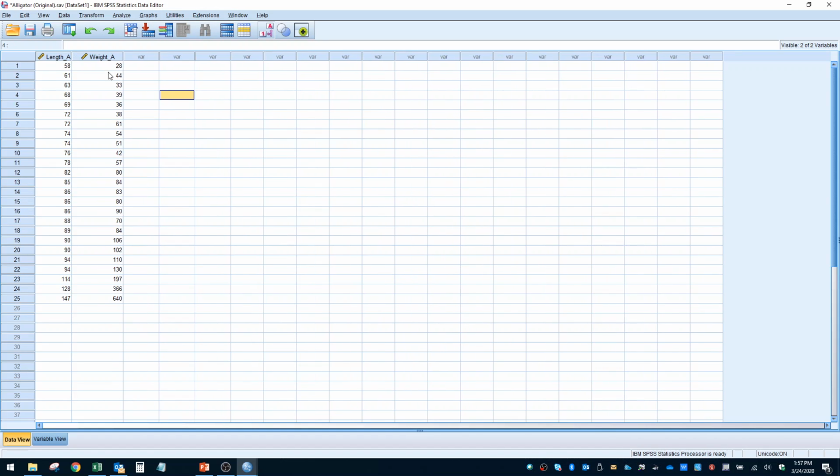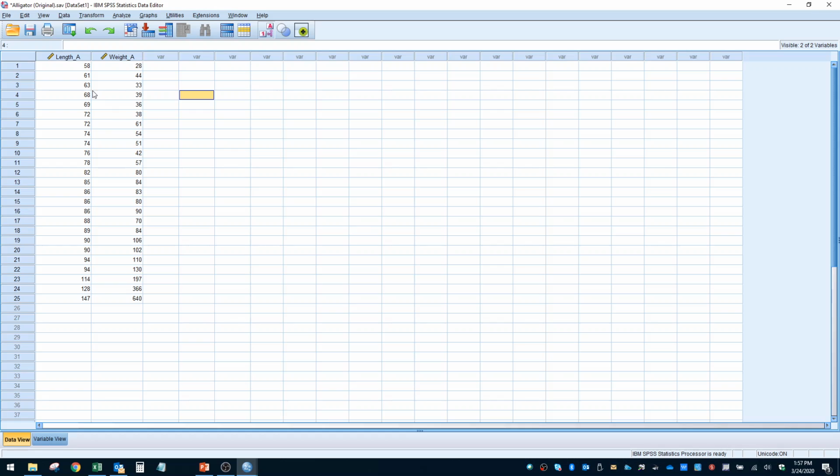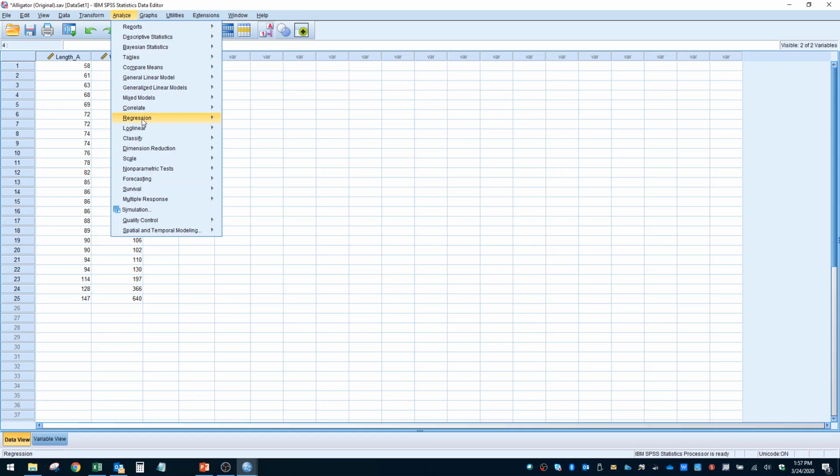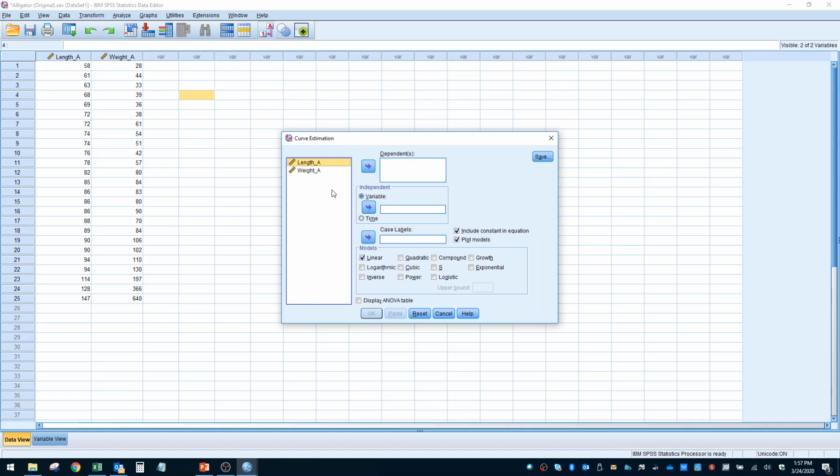So here is our SPSS data for our alligator length and weight. How I want to do this, my analysis in SPSS, is Analyze, Regression, Curve Estimation. Dependent variable is weight, and it is dependent upon length.